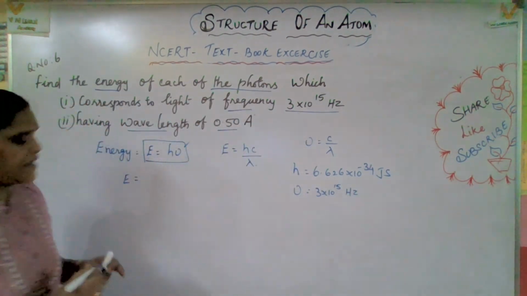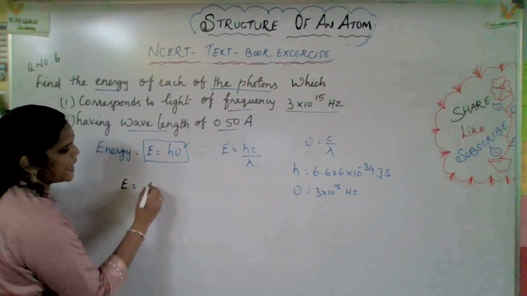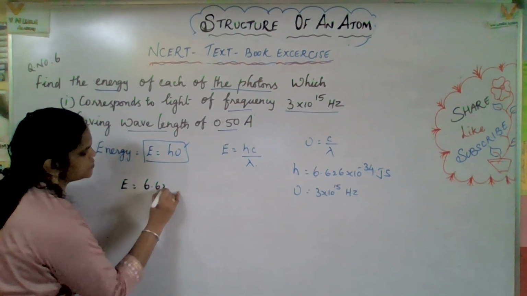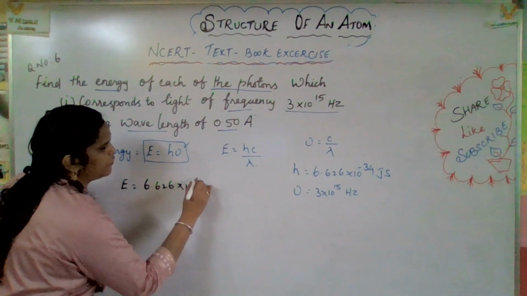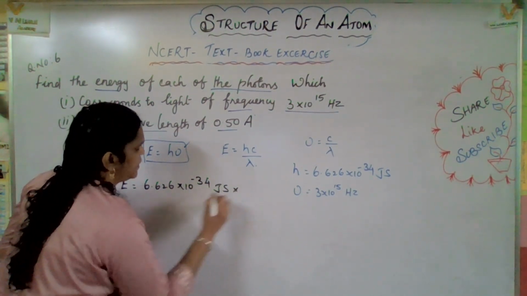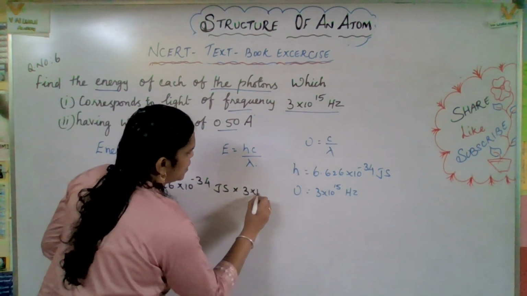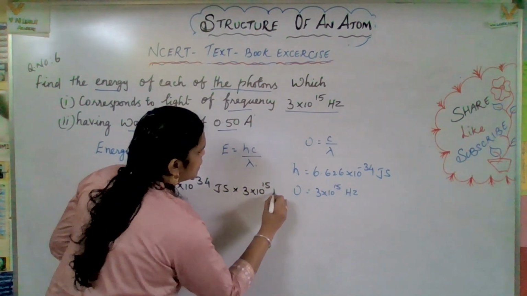Let us apply the values. E is equal to the Planck constant, 6.626 into 10 to the power of minus 34 joule second, into the nu value, 3 into 10 to the power of 15 hertz.